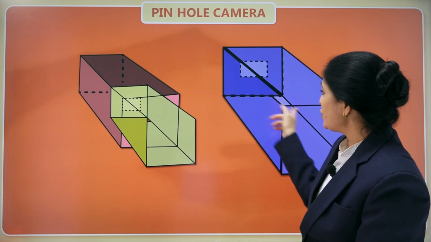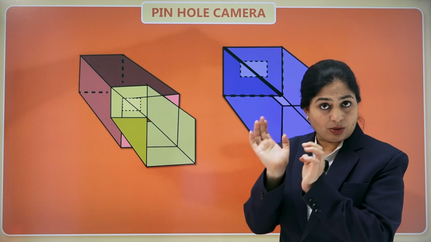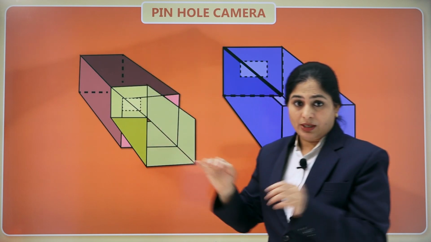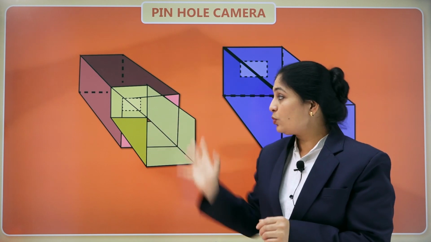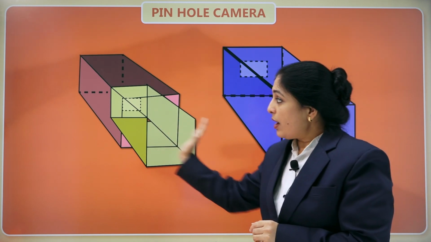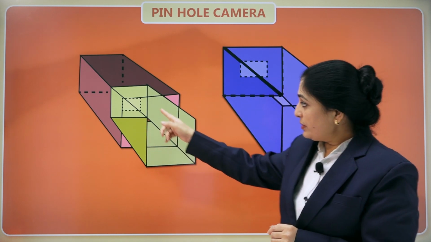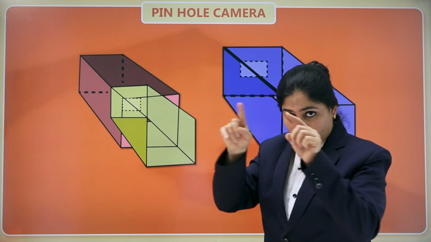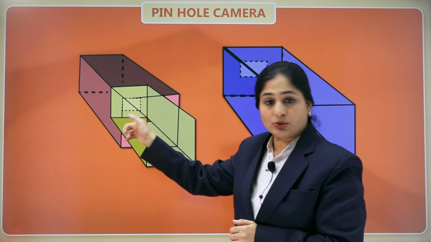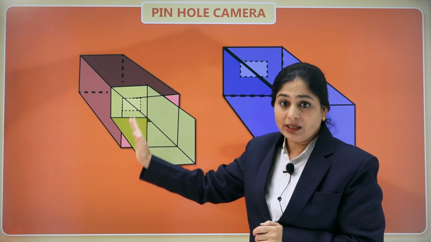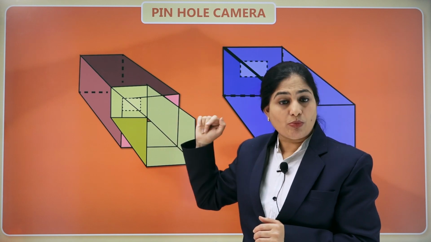How to make it? You can see there are two boxes. One box has one aperture or tiny hole in the outer box. When you pierce a single very small hole on this outer box, what are you supposed to do? On the other side, you take another box with a window. You cut a small window so that when light comes through this small hole and passes through this window, we get the image on the opposite side of this box.